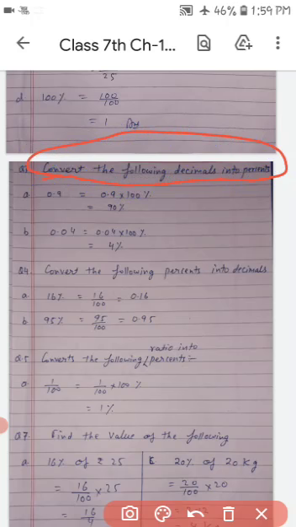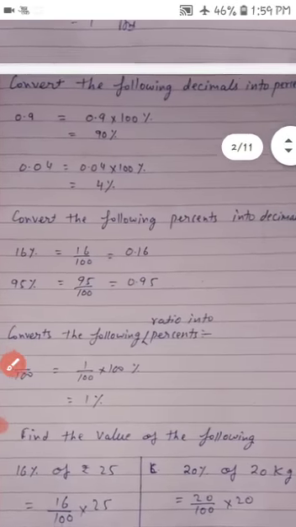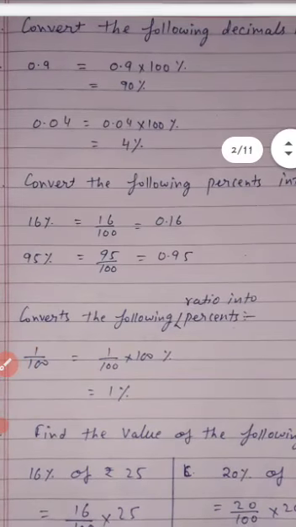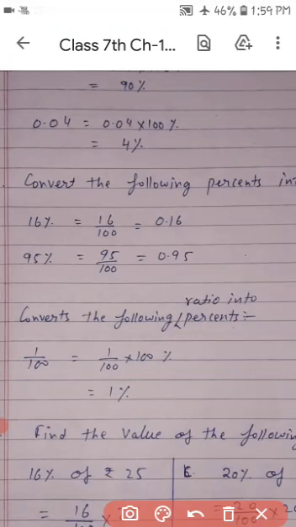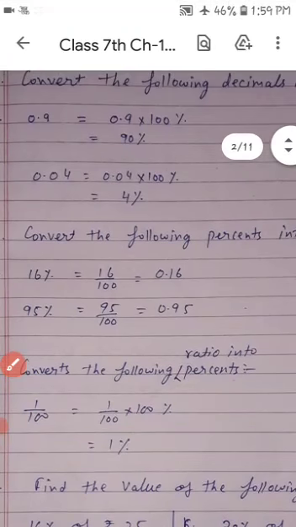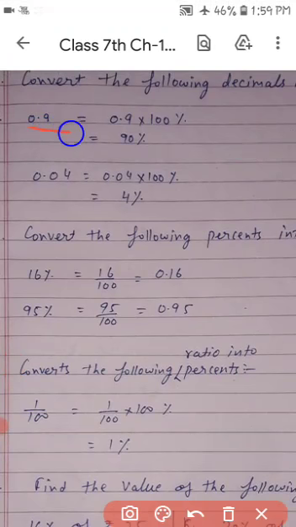First of all, 0.9 multiplied by 100 is equal to 90%, and 0.04 multiplied by 100, write the percentage sign, is equal to 4%.